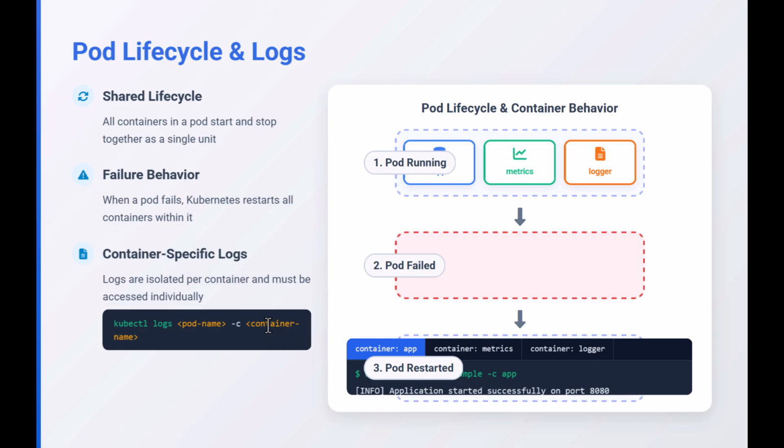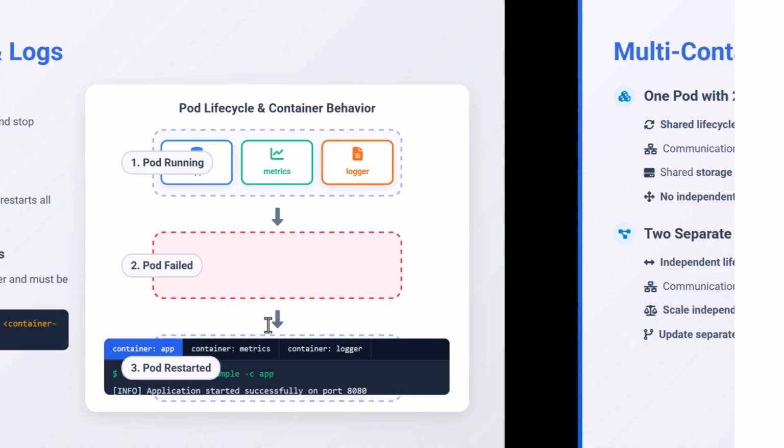Finally, notice that when the pod is restarted, all containers, app, metrics, logger, are relaunched. Logs reset, but you will often see a startup message like "application started successfully on port 8080." Useful for checking readiness. So just remember, a pod behaves as one unit, restarts together on failure, and their logs must be accessed container by container.